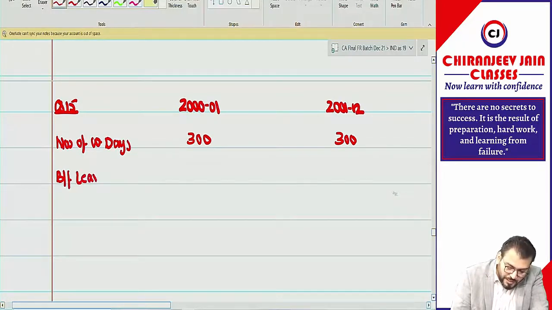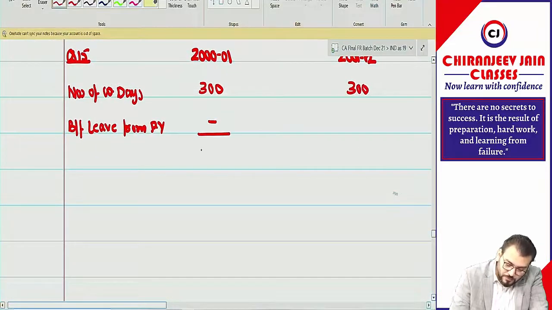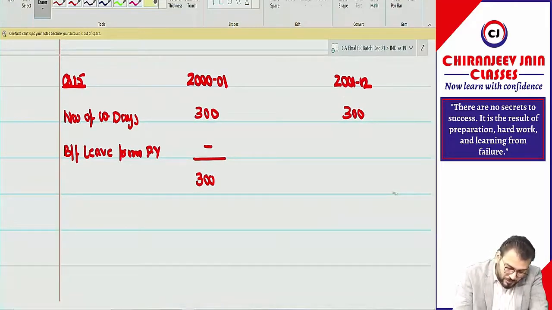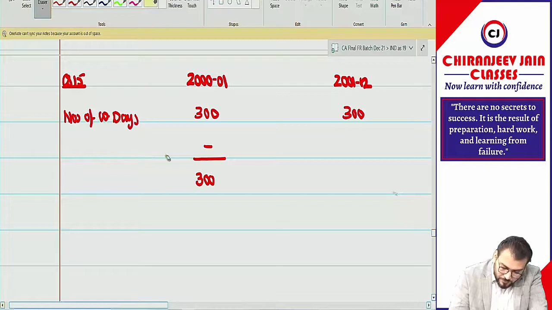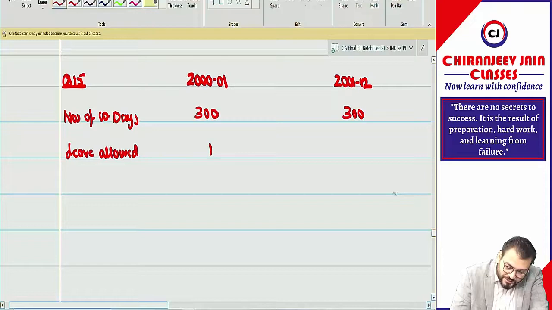Brought forward leave from previous year is 0. Correct? First, leave allowed: how much? 10 days.